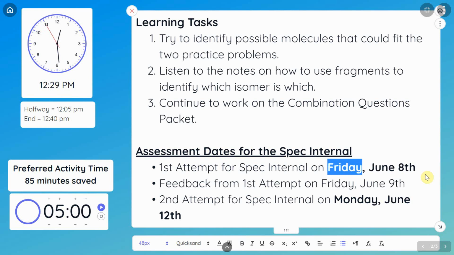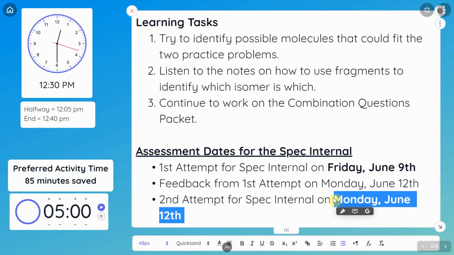It's basically like a practice, because if you guys remember, what I like to do is give you guys the best grade out of, like, there's going to be 4 questions total. I'll give you 2 on the Friday next week as your first attempt, and then you guys will get the feedback on the Monday. And then I'll give you guys your second attempt on the Thursday. Does that sound good? Okay.